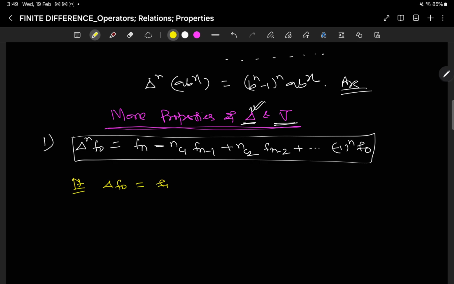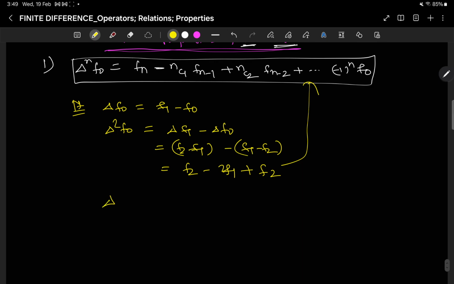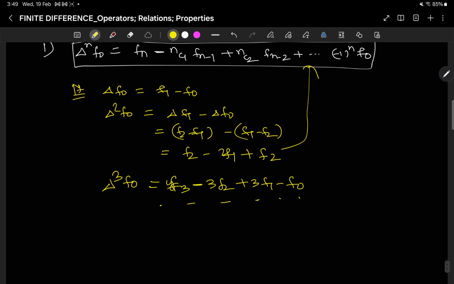Del f0 is f1 minus f0, is it not? What is your del square f0? It is del of f1 minus del of f0, which is f2 minus f1 minus f1 minus f0. So this is f2 minus 2 f1 plus f0. If you substitute it, you get it. Accordingly, if I find del cube f0, likewise it will give me f3 minus 3 f2 plus 3 f1 minus f0. In that way, you can continue to get your del n f0.